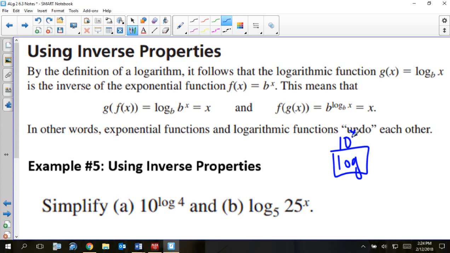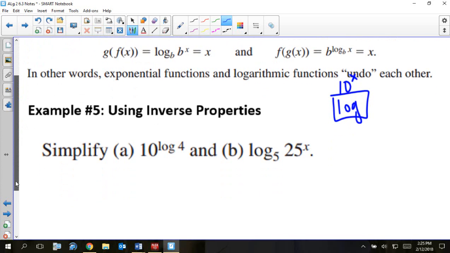Inverses are also like multiply by 2, divide by 2. They undo each other. If I added 10, what would inverse that? Subtract 10. Or if I did the square root, the inverse would be squared. So 10 to the x, the inverse is log base 10.